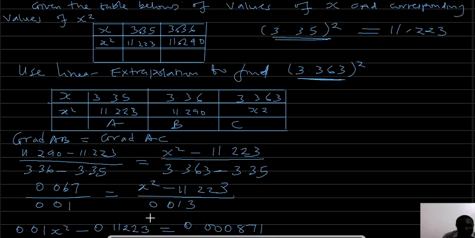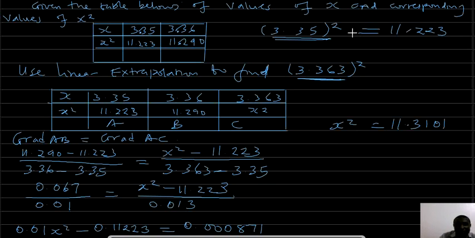So from here, when you make x squared the subject, x squared is going to be equal to 11.3101. So that is to 4 decimal places. So this is what we do when it comes to using linear extrapolation.